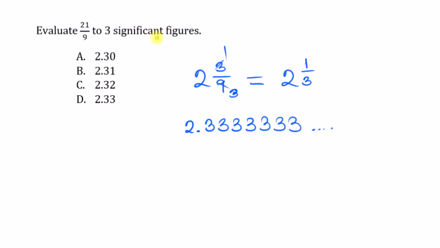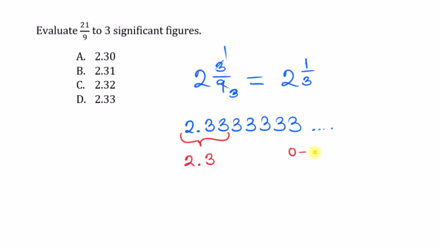So we have to get this to 3 significant figures. That means the number of figures that we want to see should be 1, 2, 3. So we're having 0.33. Now, before we take the last digit, we need to look at the digit after it. Now, it is 3.